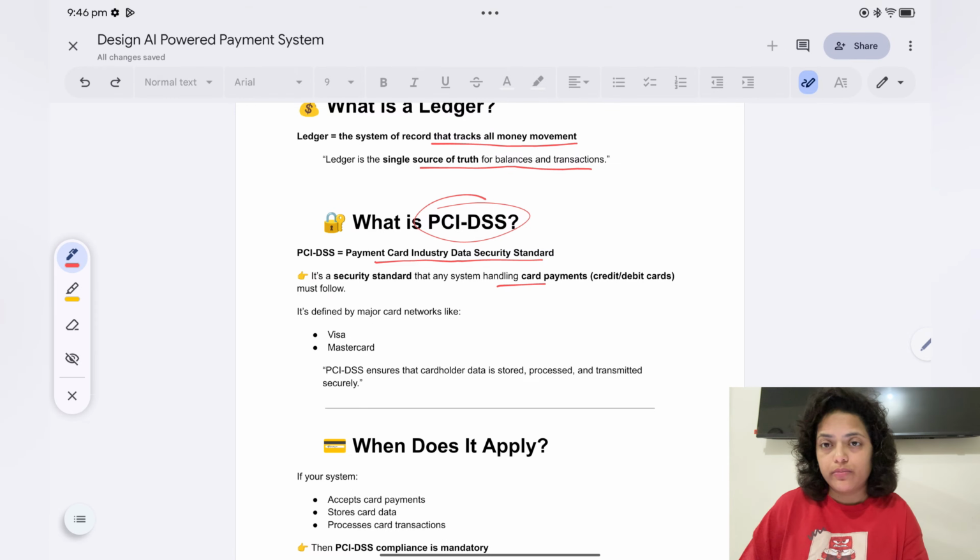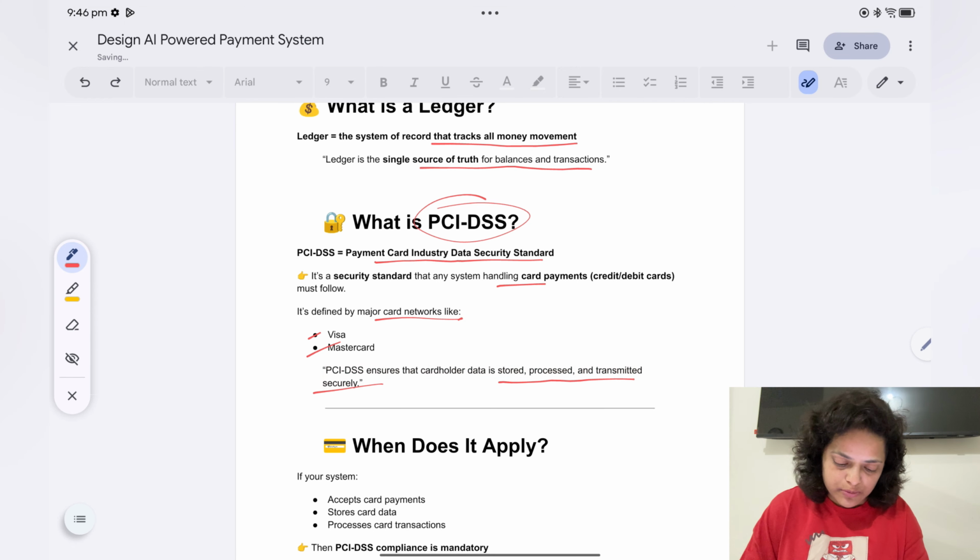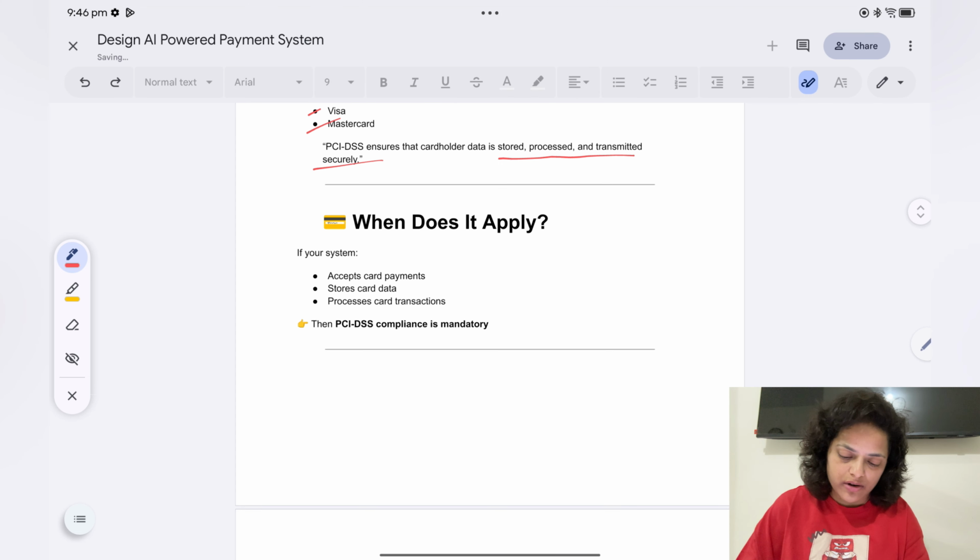Otherwise your system will not be compliant, and then you have to bear charges and legal issues. It's defined by major card networks like Visa or MasterCard. PCI-DSS ensures that cardholder data is stored, processed and transmitted securely. Security is the main thing.